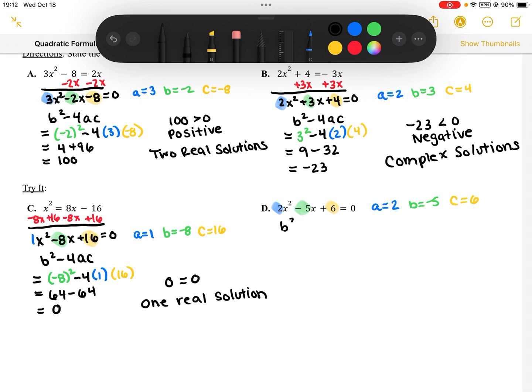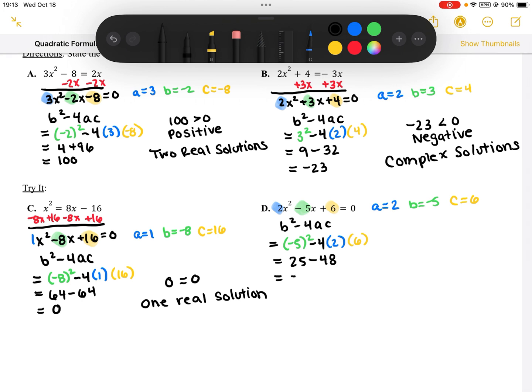Now I'm going to find my discriminant, b squared minus 4ac. b is negative 5, so negative 5 squared minus 4 times a times c. Negative 5 squared is 25 minus 4 times 2 times 6, which is 48.